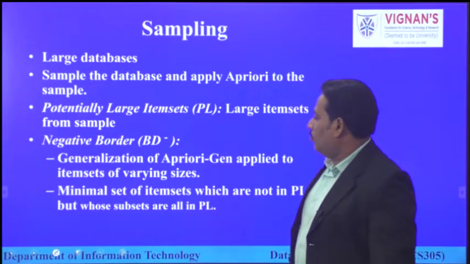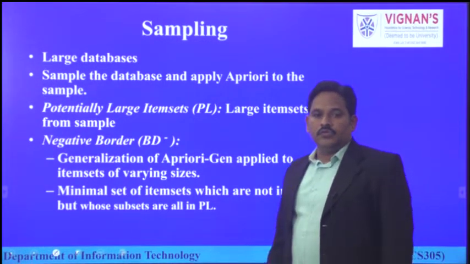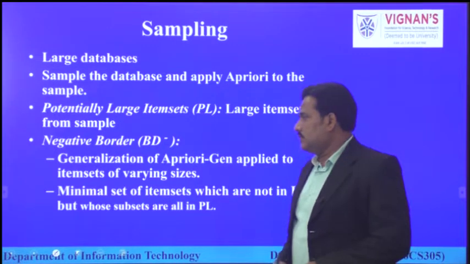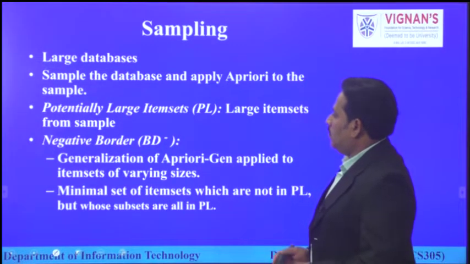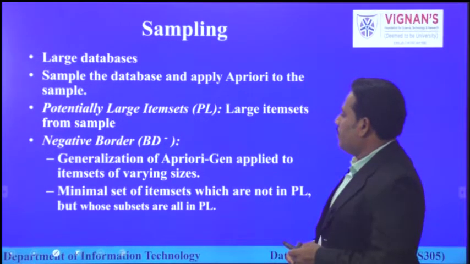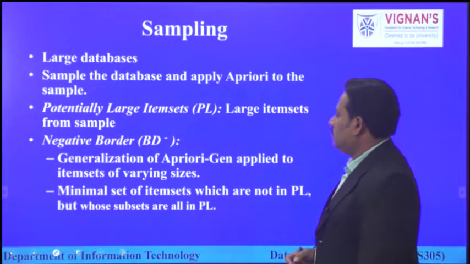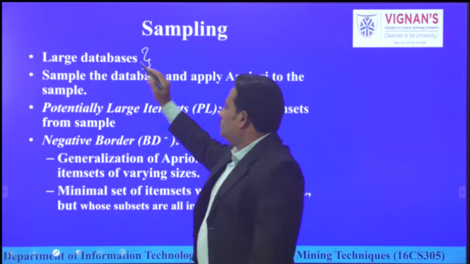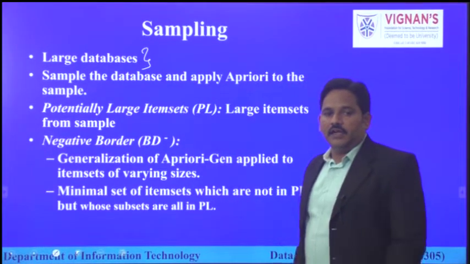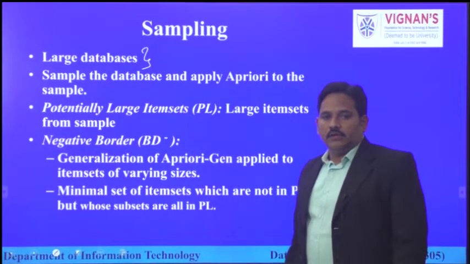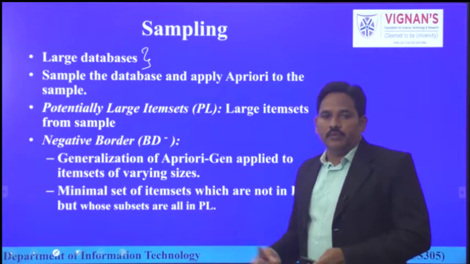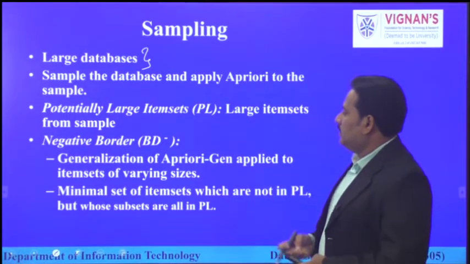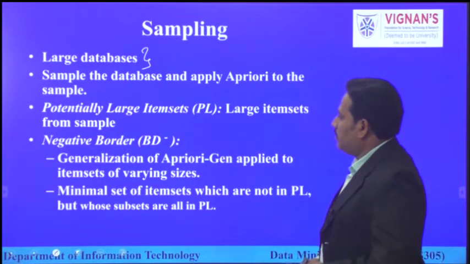Now another algorithm to generate association analysis is sampling. What is sampling going to do? Here in sampling, when we have a large database in real-time applications, instead of selecting the entire database at a time, better consider a portion of the data, and that data is going to be applied for analytical activity.